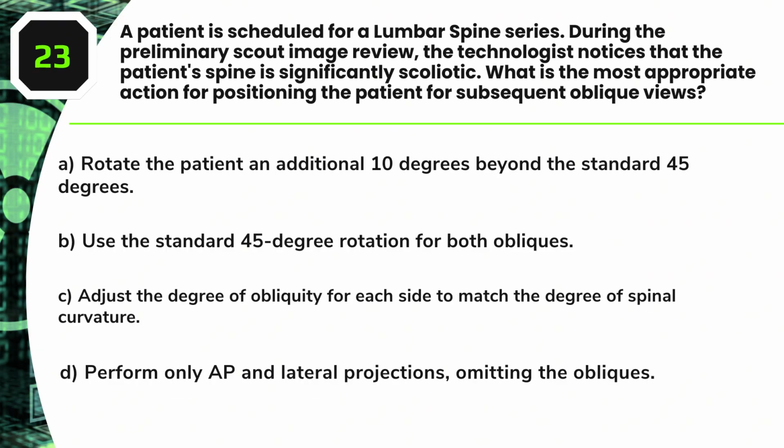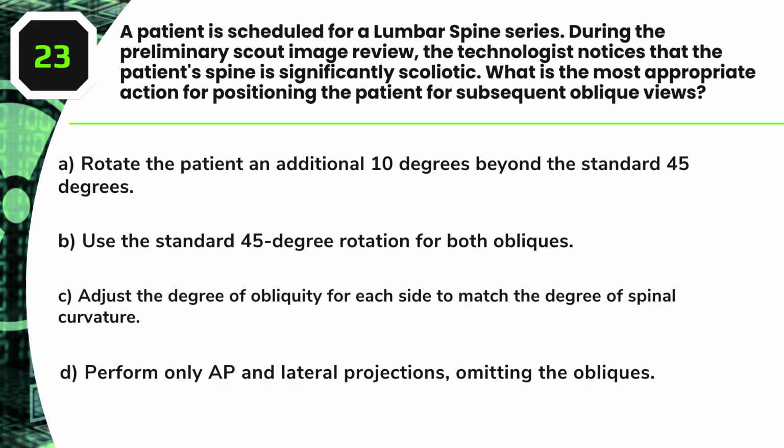Question 23. A patient is scheduled for a lumbar spine series. During the preliminary scout image review, the technologist notices that the patient's spine is significantly scoliotic. What is the most appropriate action for positioning the patient for subsequent oblique views?